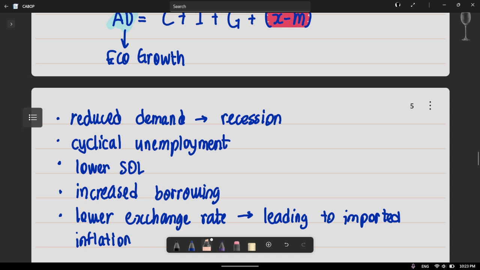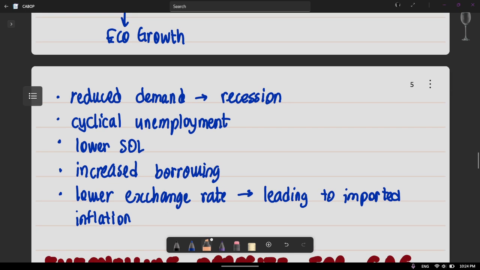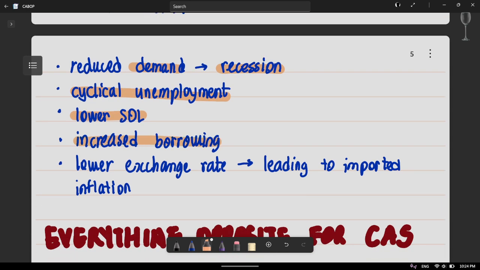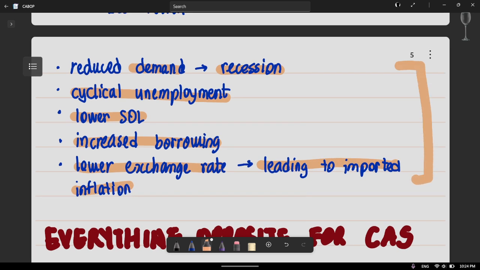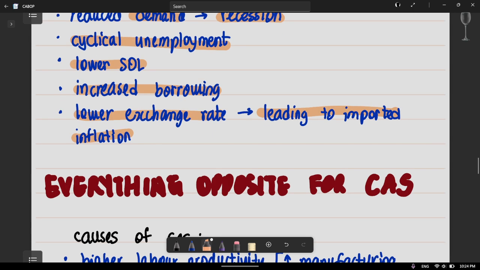So let's look over here. There could be reduced demand, which causes recession, cyclical unemployment, lower standard of living, increased borrowing, lower exchange rate, leading to imported inflation. I don't want to explain this to make the video too long, so just go and read the textbook, which has it explained in great detail.